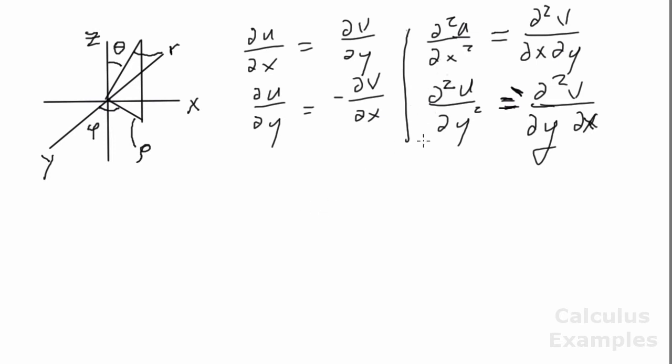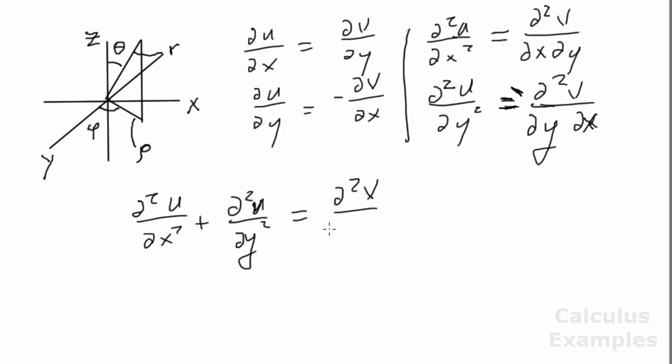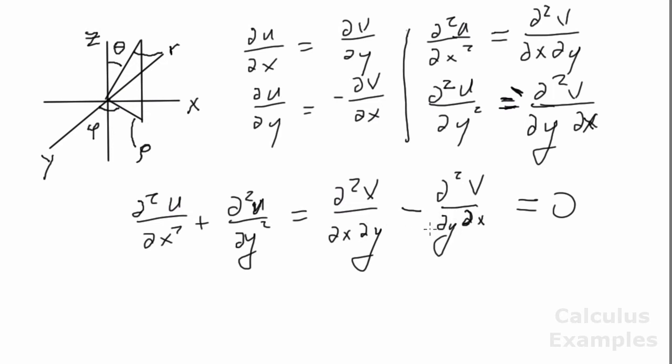Now we're going to sum these two equations together, and we're going to get something very familiar. The second partial of u with respect to x plus the second partial of u with respect to y is equal to zero, due to the equality of these second partials.